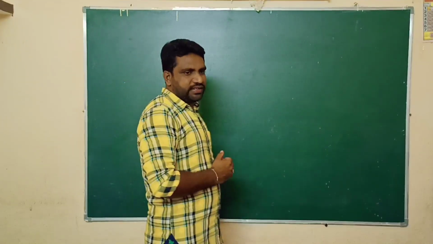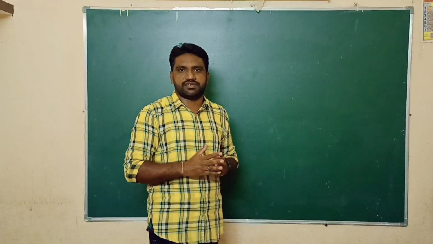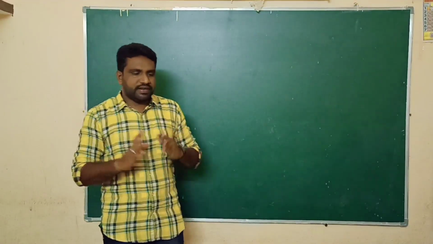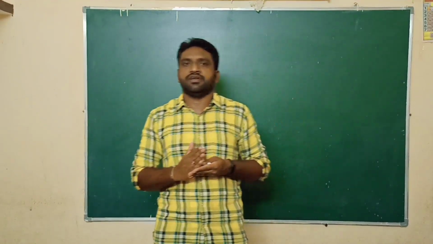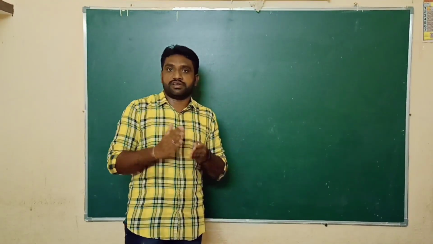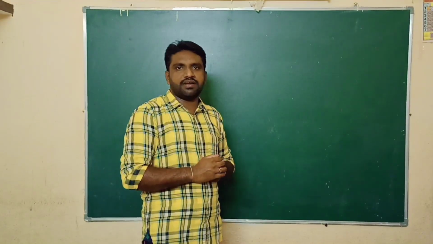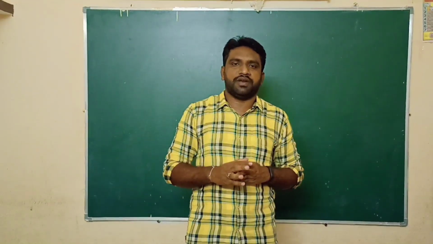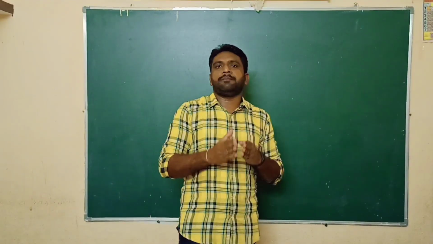The next question is: if we don't have spherical mirrors, what are the consequences? That means if there is no concave mirror and no convex mirror, what are the consequences? Guess and write. If we don't have spherical mirrors, we don't have all their applications.